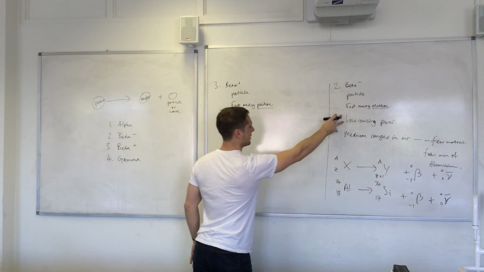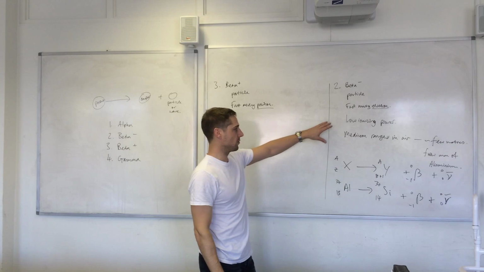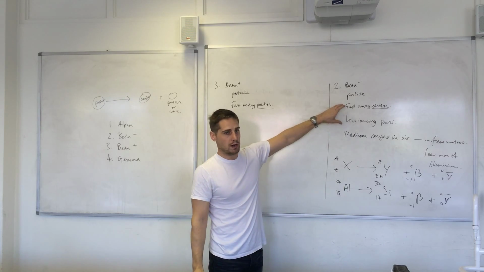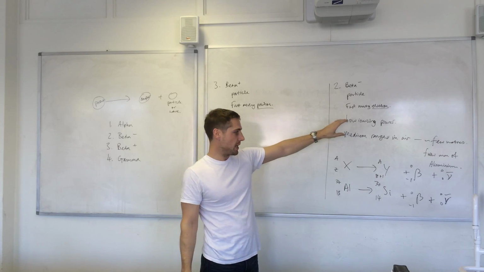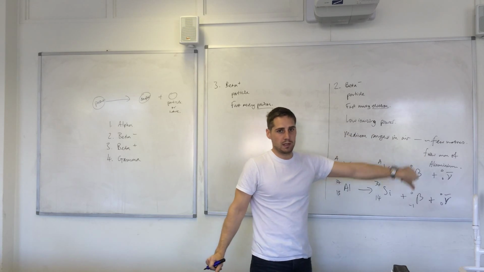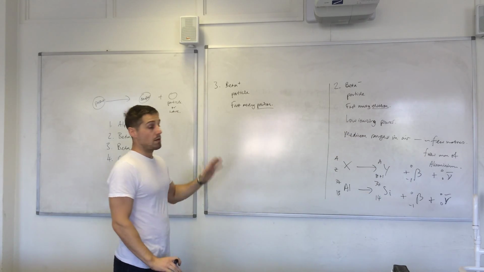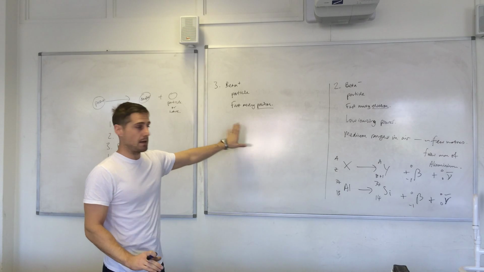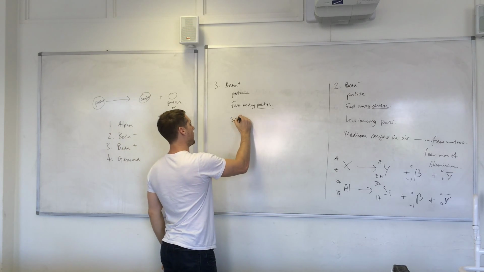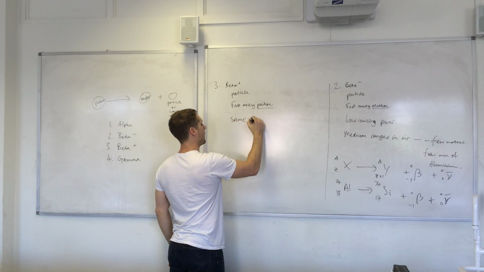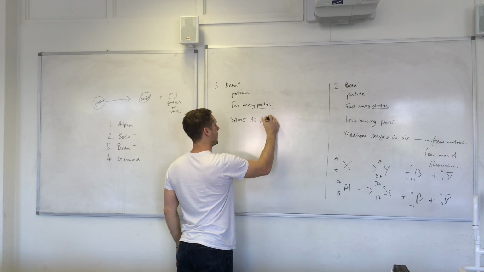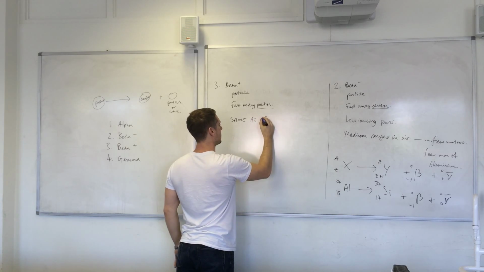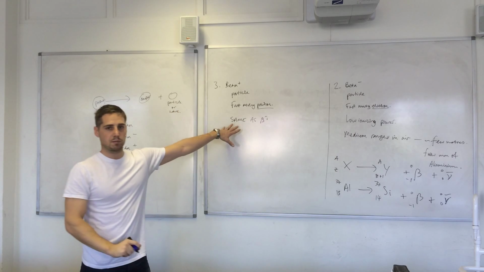So positron is the name for the antiparticle of the electron. And then these two characteristics, the low ionizing power, the medium range in air, and a few millimeters of aluminium, are the same as beta minus.